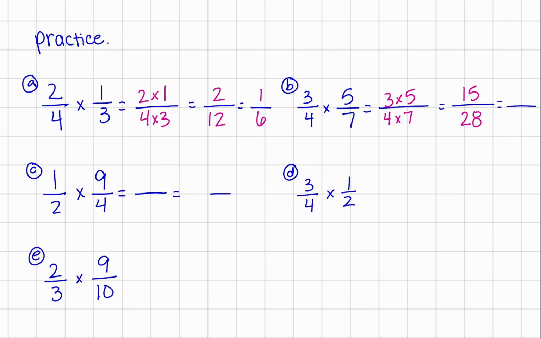This is the simplest it can go. It cannot be simplified anymore. 15 is divisible by 5 and 3, and 28 is divisible by 4 and 2.